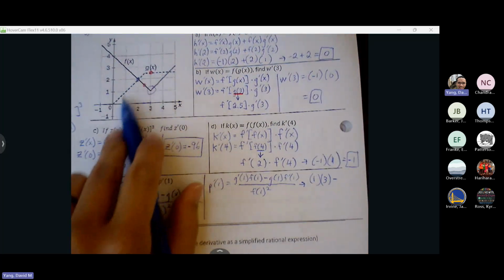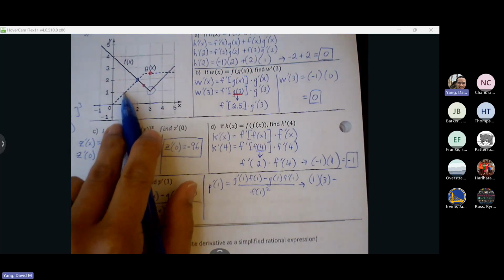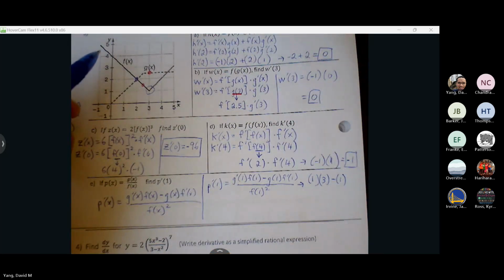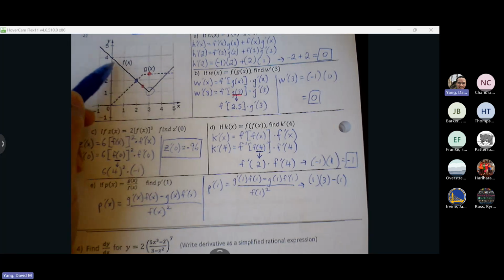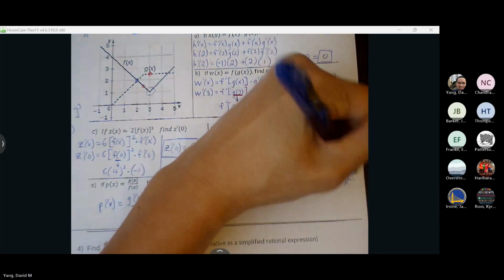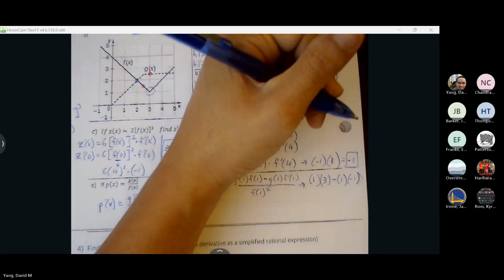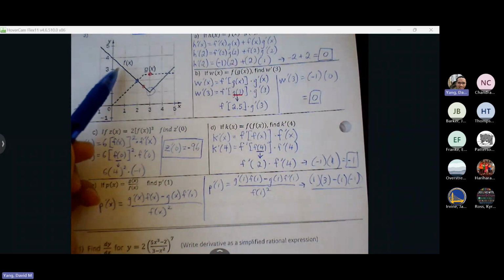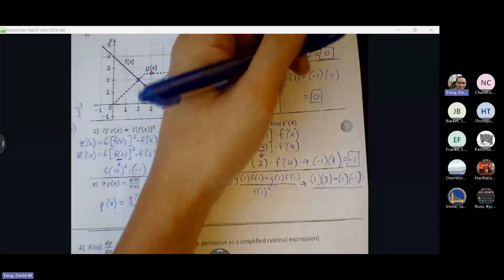G of 1, y value of the g graph at 1 is 1. F prime of 1, asking for the slope of the f graph at 1, part of this line segment, so slope is -1. All over f of 1 squared, so f of 1 is 3, all over 3 squared.